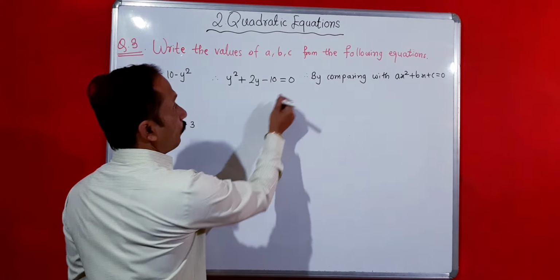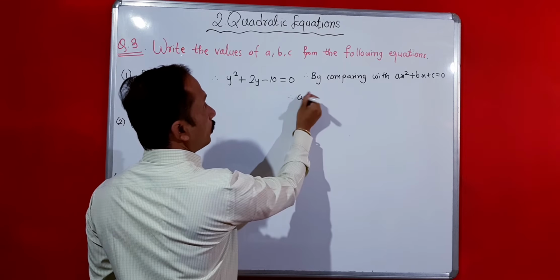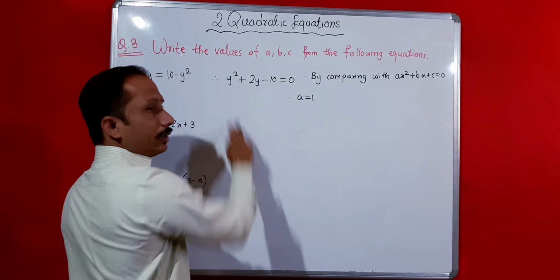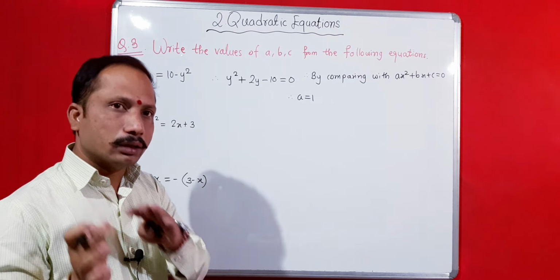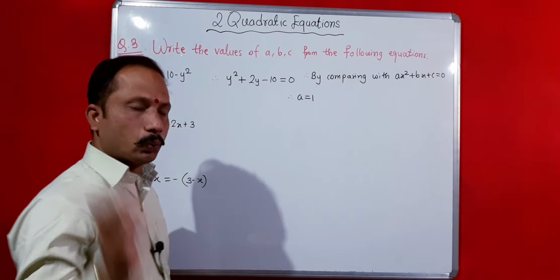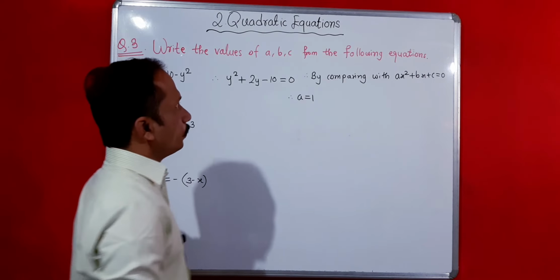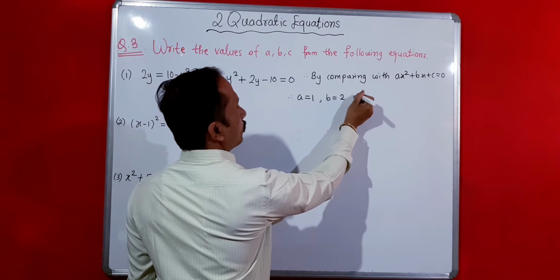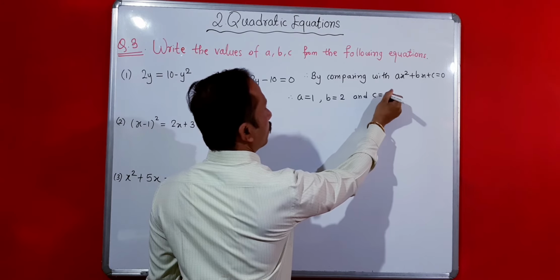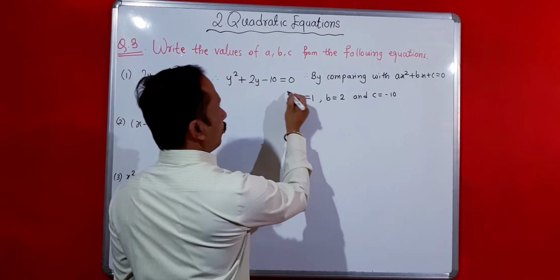Therefore a is equal to 1, because a variable without any number has its coefficient always equal to 1. Then b is equal to 2, and c is equal to minus 10. So these are the values for the first equation.